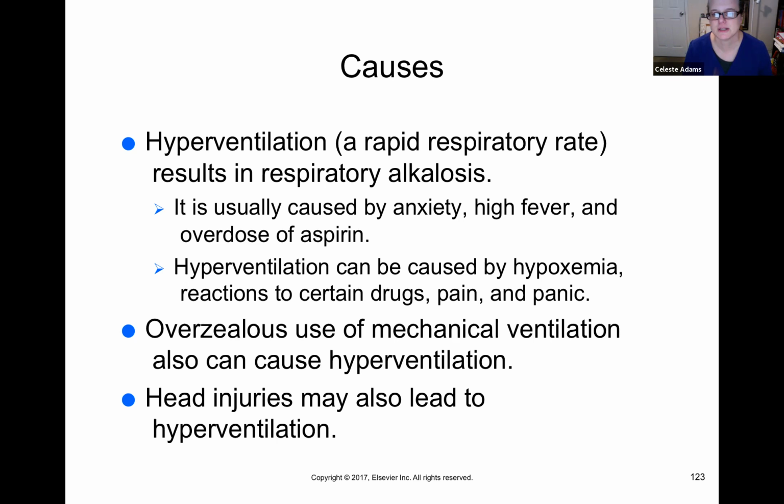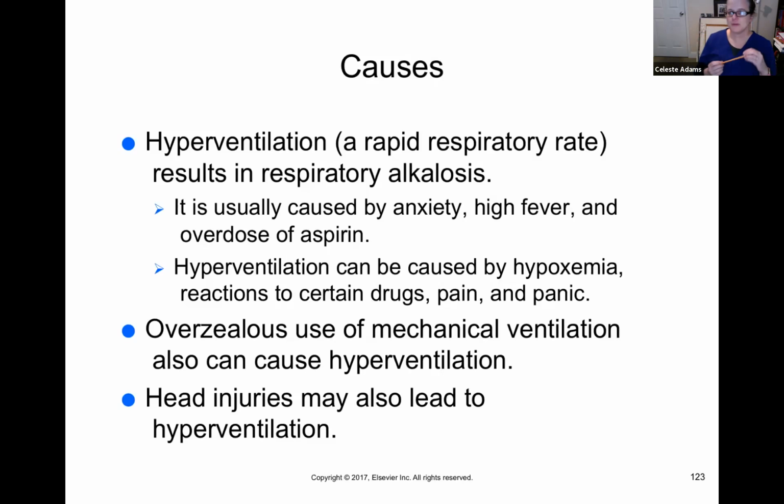Hyperventilation can be caused by hypoxemia, reactions to certain drugs, pain, and panic. So you may start off with drugs, pain, and panic, then go into hyperventilation, then go into respiratory alkalosis. Overzealous use of mechanical ventilation can also cause hyperventilation.